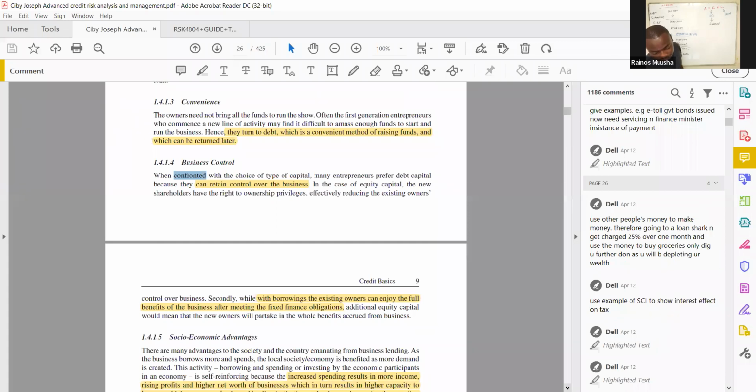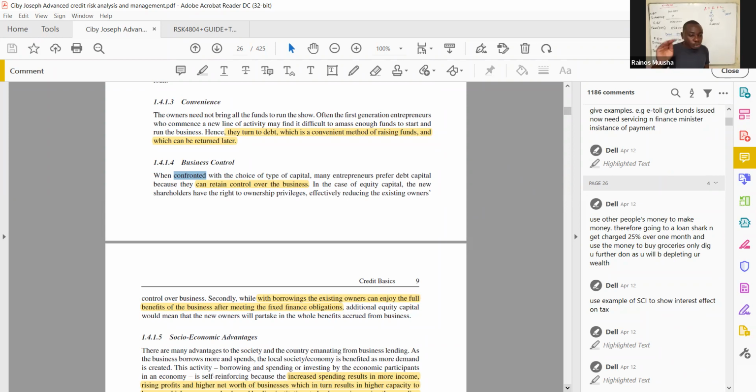So here they say, with borrowings, the existing owners can enjoy the full benefits of the business after meeting the fixed finance obligation. Because with debt holders, the interest expense they receive remains the same.